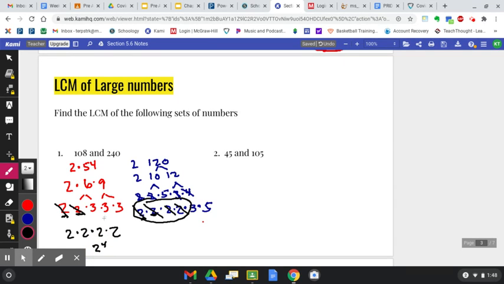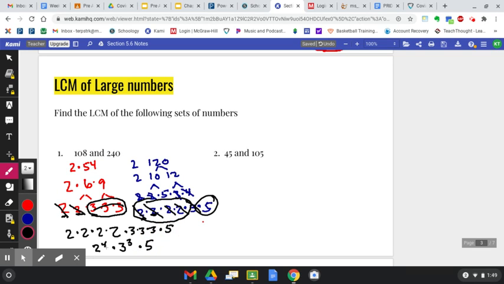Okay. Next up is 3's, right? And I see that the most that they have is 3, right? So that would be 3 times 3 times 3, or 3 to the 3rd power, right? So I've accounted for those. And then I also have this 5.